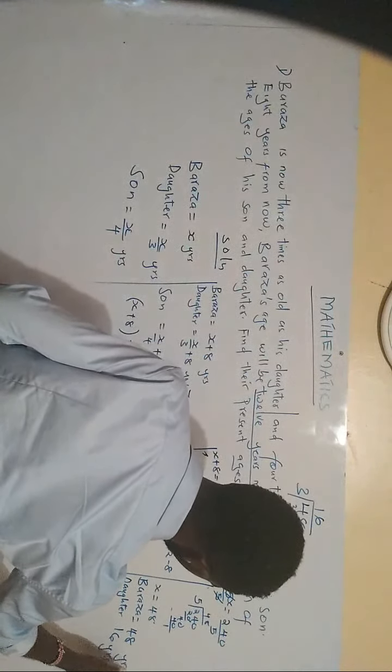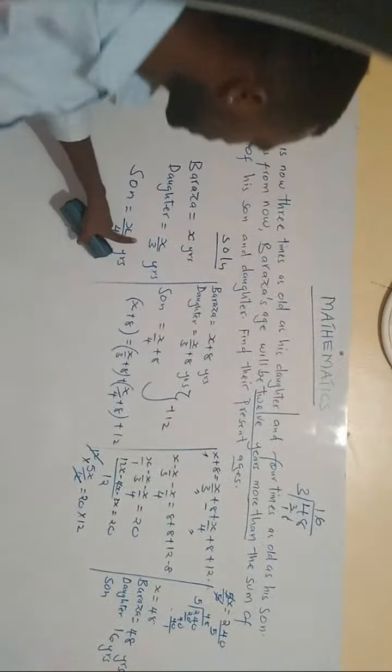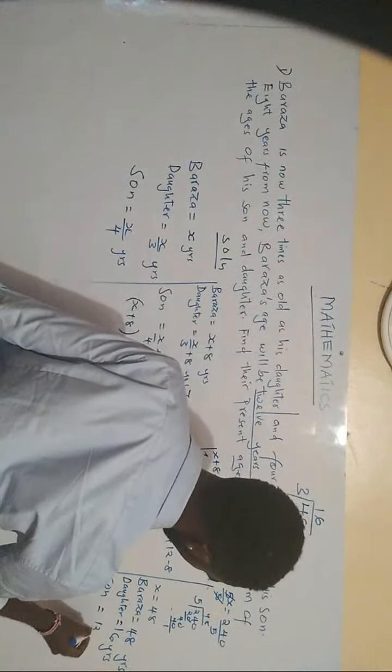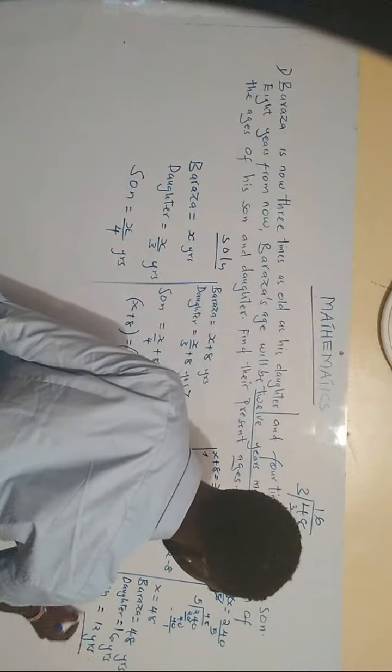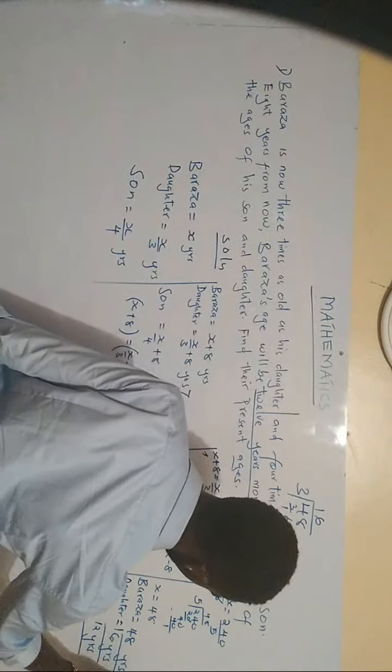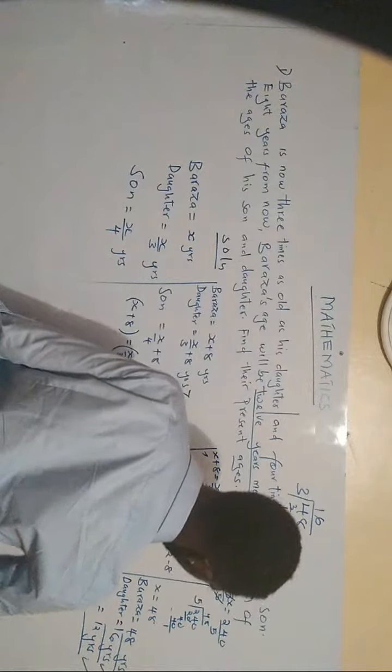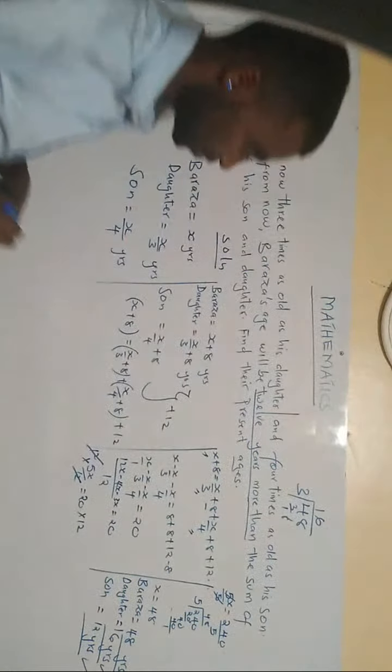Then son is x divided by 4, which is 48 divided by 4, that is 12 years. So those are their present ages: Baraza 48 years, daughter 16 years, and the son 12 years.